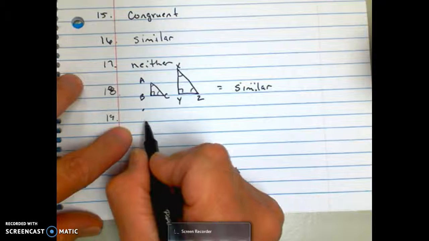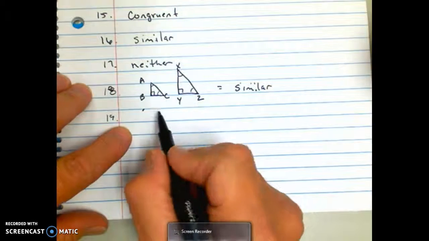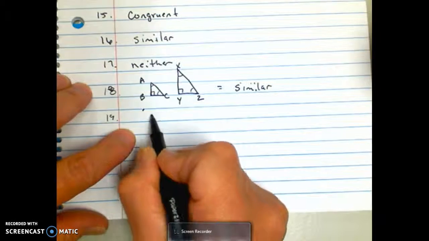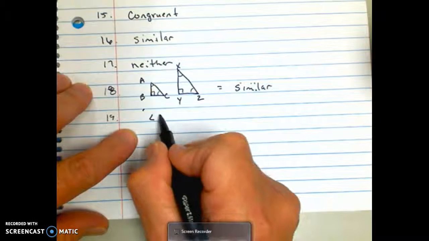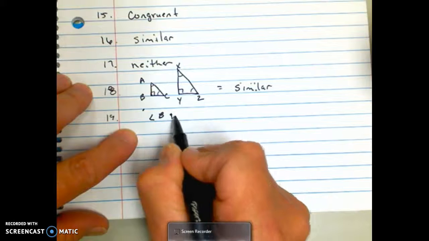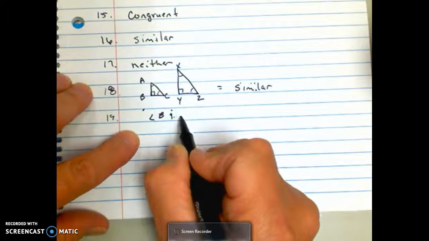And so now I'm going to list the corresponding parts, the parts that match up. So I'm going to say that angle B, because it's 90 degrees, corresponds to angle Y.